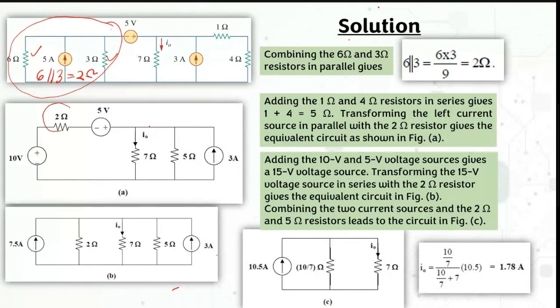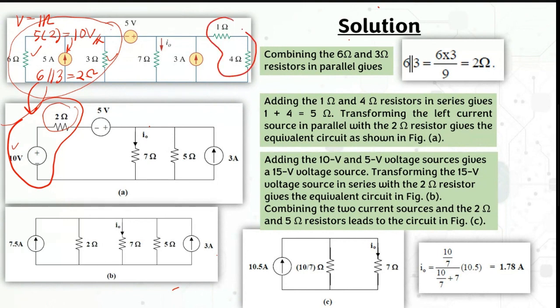Then you need to transform this current source into a voltage source. V equals I times R, so you have I, which is 5, times the parallel of 6 and 3, which is 2, so the voltage source is 10 volts. That's why for this part you have 10 volts and this 2 ohm after the transformation. You can also combine this 4 and 1 ohm to get 5 ohm here.